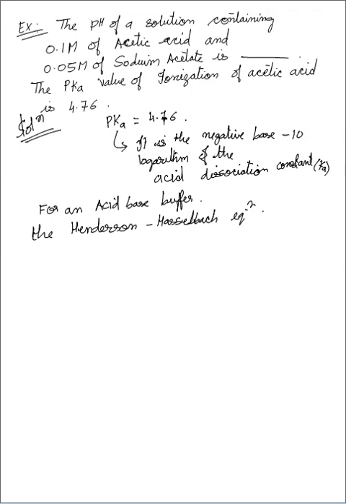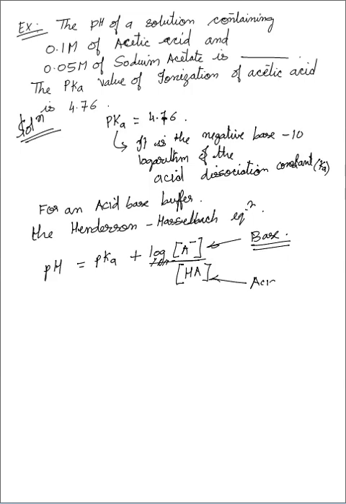So it states that pH is equal to pKa plus log of A divided by HA. Okay, so here always remember the numerator will be the base, and this is your acid. So concentration of acid will be in the denominator, and concentration of base will be in your numerator.